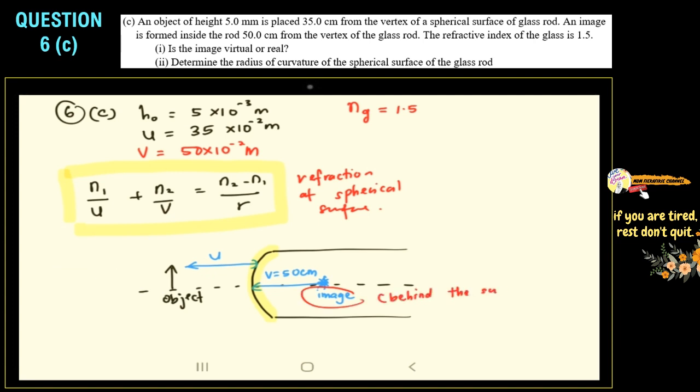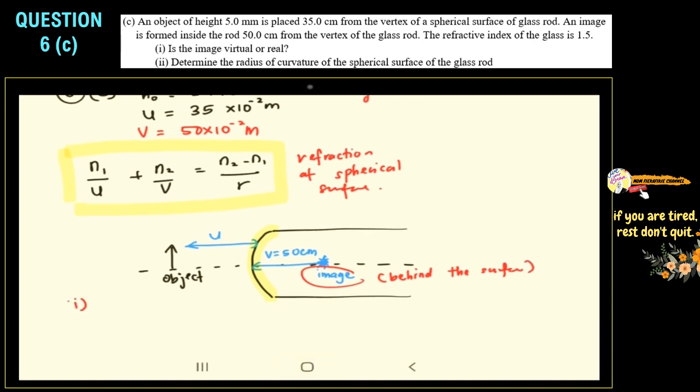Is the image real or virtual? If it follows the characteristics of a lens, the image that forms behind the lens, as we learned earlier, is a real image.